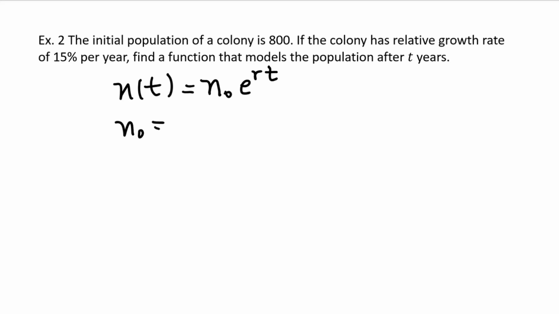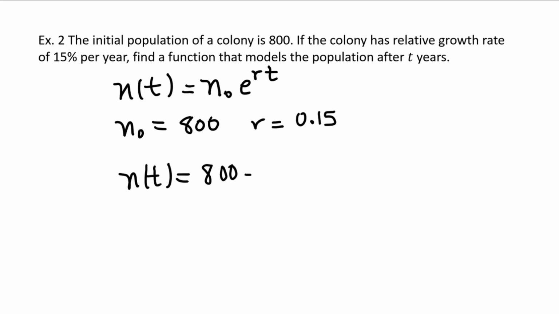N sub naught is the initial population, and that's 800 in the colony. And R is the relative growth rate. So expressing 15% in decimal form is 0.15. So the formula, or the function, that models this growth is N of t equals 800 times e raised to the power of 0.15t.